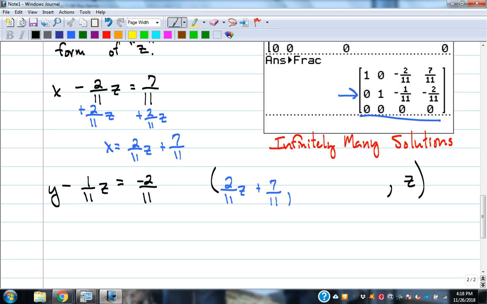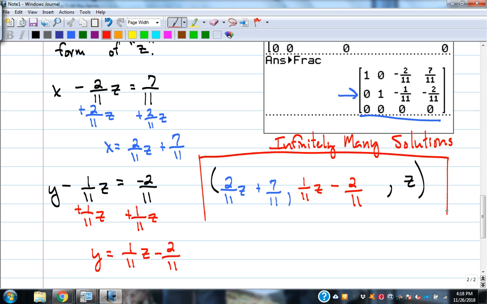And all I've got to do is get Y by itself, because Z is the only other variable there. So add 1 over 11Z, and Y is equal to 1 over 11Z minus 2 over 11.